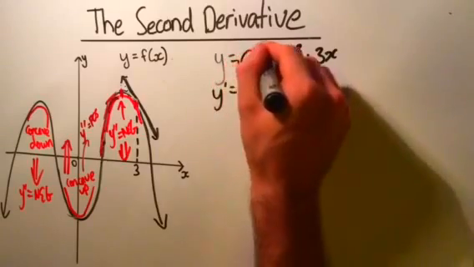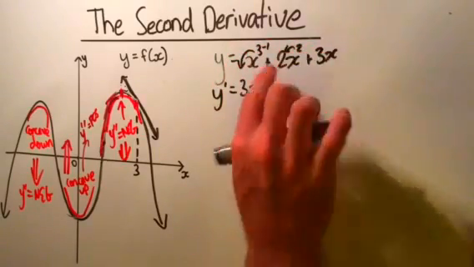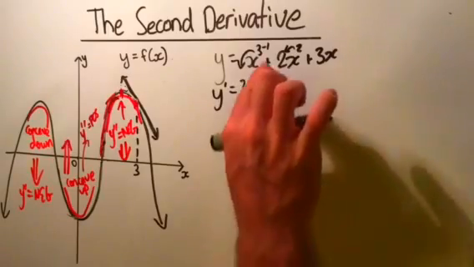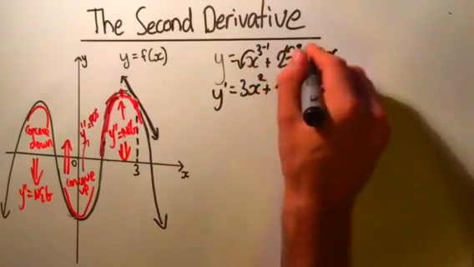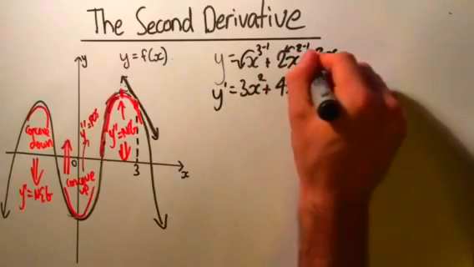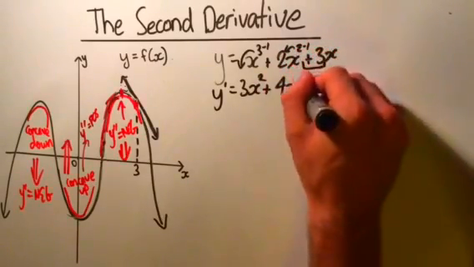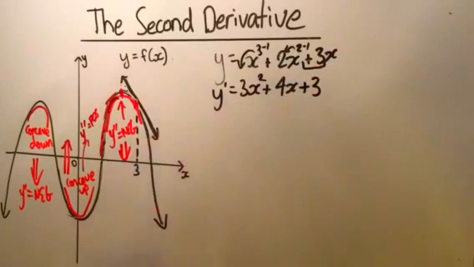I do the same thing over here. I move 2 to the front and that's going to times the other 2, so I'm going to get plus 4x, and I take away 1 to just get x because it's x to the 1. And then I know that when I've just got an x term by itself with no power, it is just the number in front of it that is the derivative. So that's our first derivative.